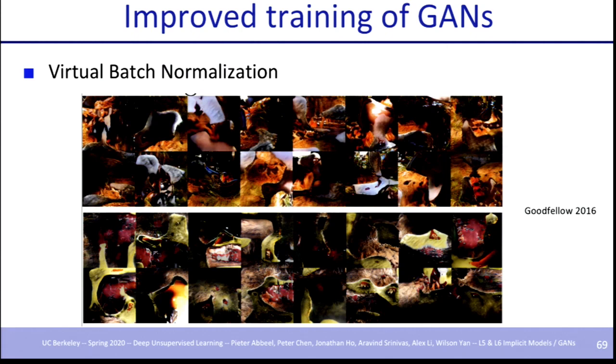So sometimes it could produce samples like these where this is all looking really orange or this is all looking really green. And that's basically because of this intra-batch statistics dominating the generated quality. And so the authors in Improved Training of GANs propose to use a different version of batch normalization. It's called the virtual batch norm.